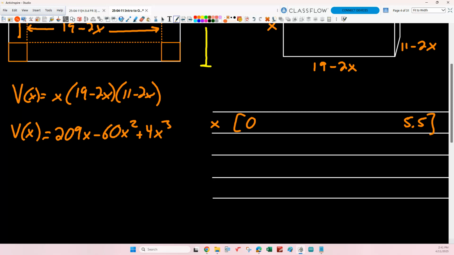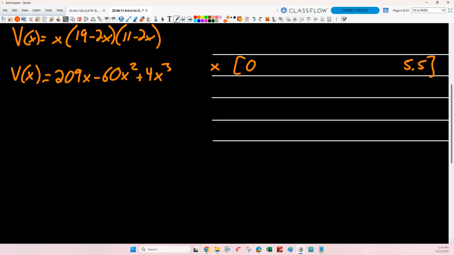And then from there on out, we're just doing a little bit of calculus. So what would we do next? Derivative, yeah. Okay, so V prime. I'm going to flip this around and write it in standard form. So I'm going to get 12x squared minus 120x plus 209.